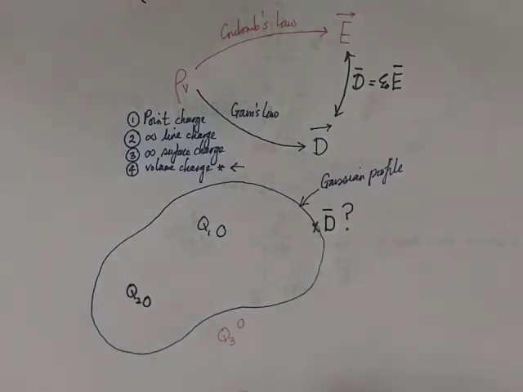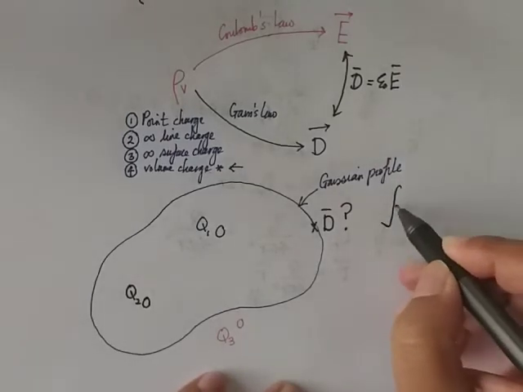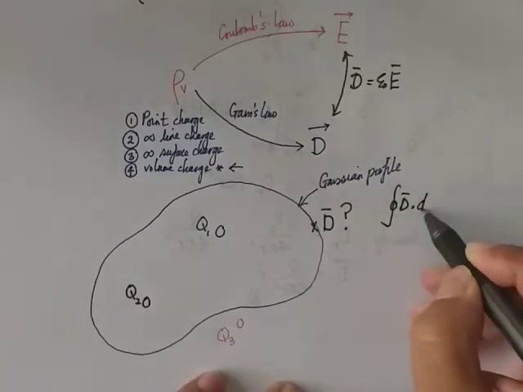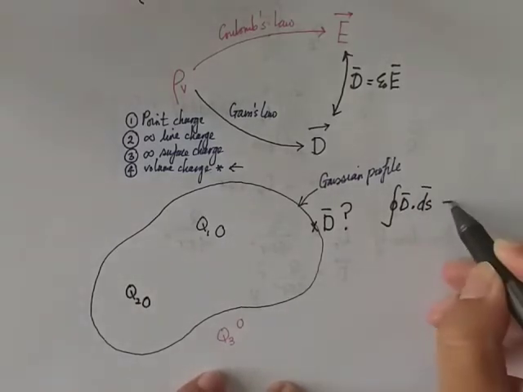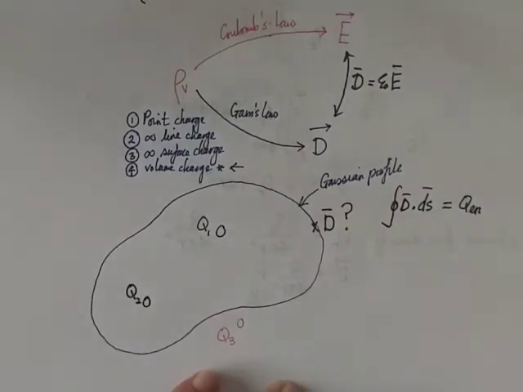So the third step now is to relate the structure to the equation. The Gauss's law equation states that the integral of D dot dS must be equal to the Q enclosed. That's what Gauss's law states. That should be the third step.